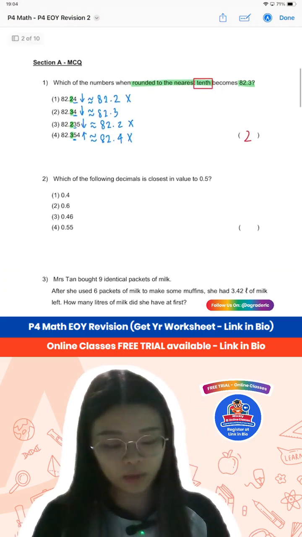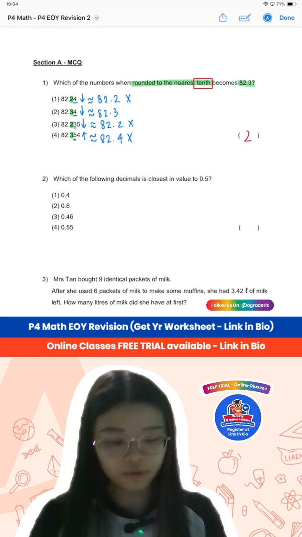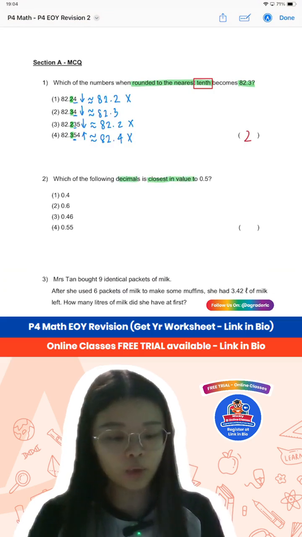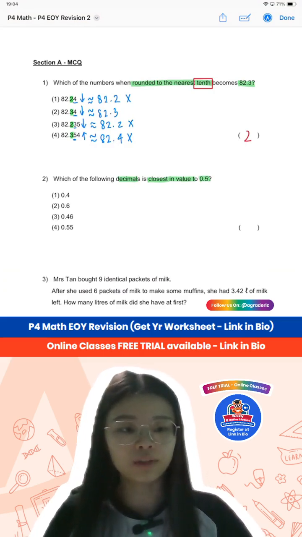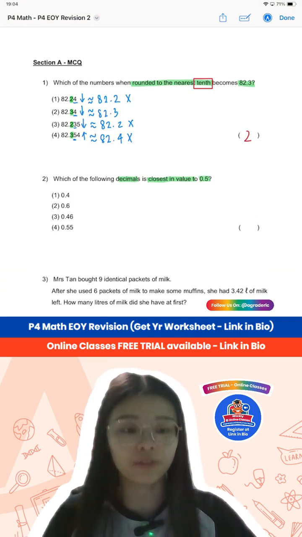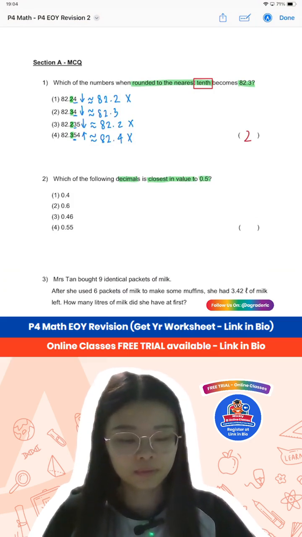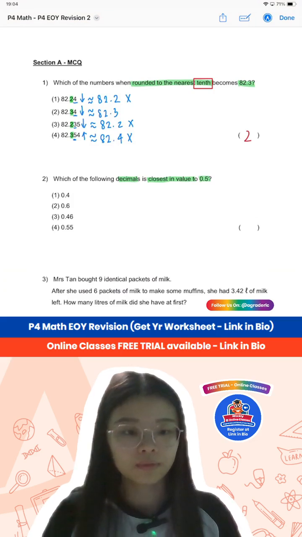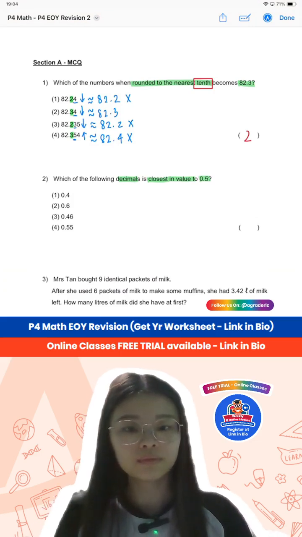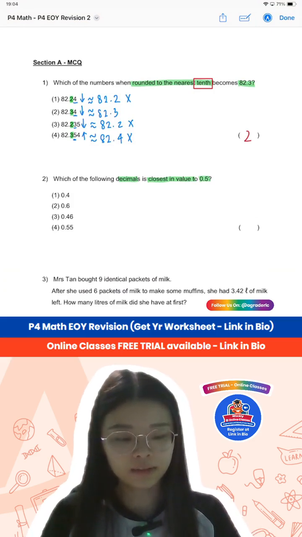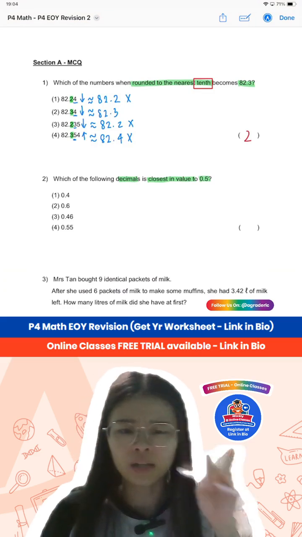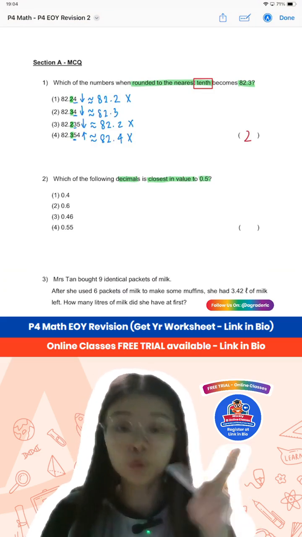Now we look at question 2. Which of the following decimals is closest in value to 0.5? Take some time to try this question out. Which one is closest to 0.5? You have to take note, some of them are 1 decimal place, some of them 2 decimal places.